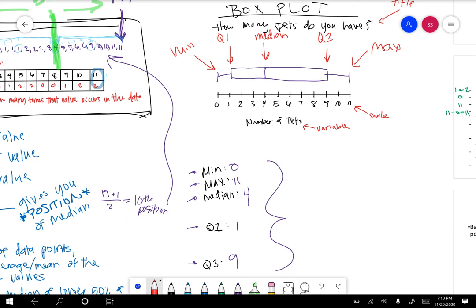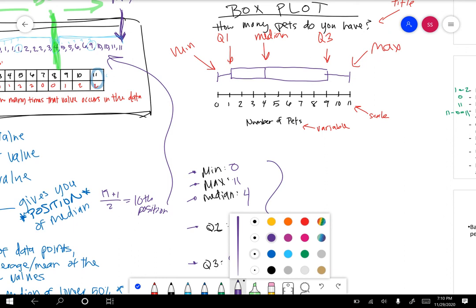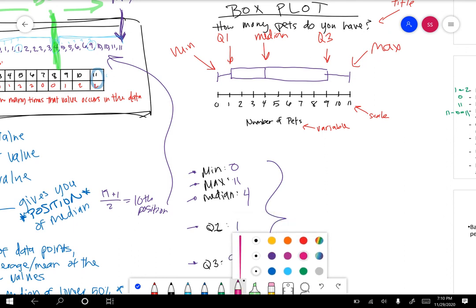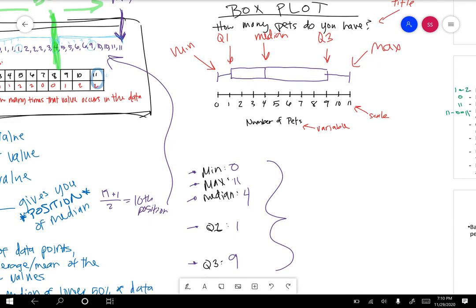Another thing I wanted to point out with box plots is basically how to read them besides those specific values. What I mean by that is if we were to actually look at our data, let's use a different color. Pink. I'm going to zoom in a little bit here.